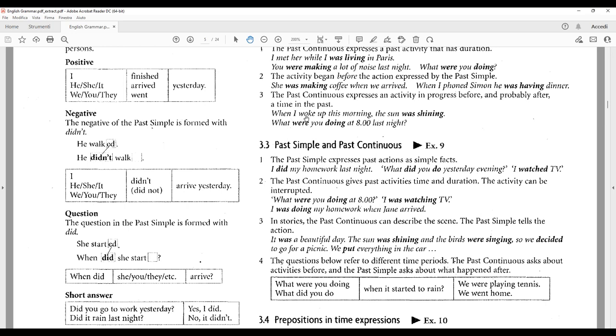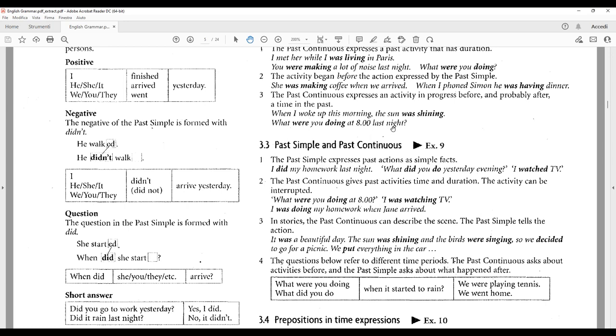When I woke up, woke up is the past of wake up. The morning has already passed, so it is a precise time. When I woke up this morning, the sun was shining.